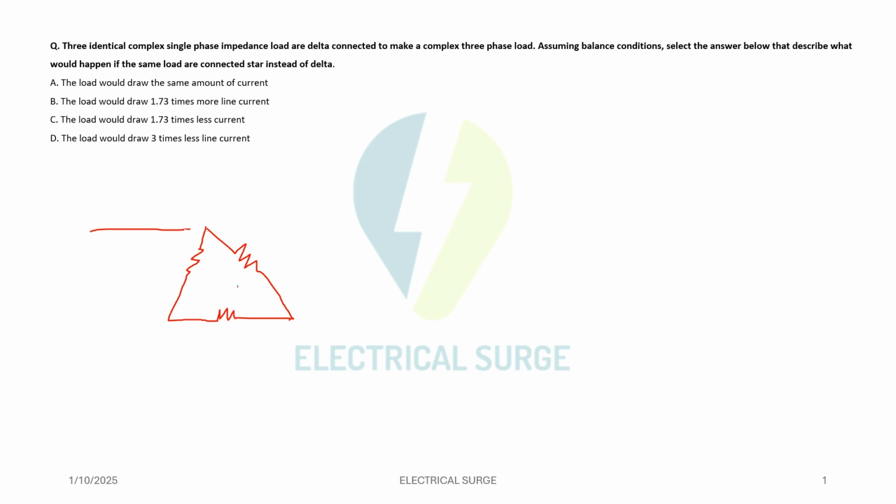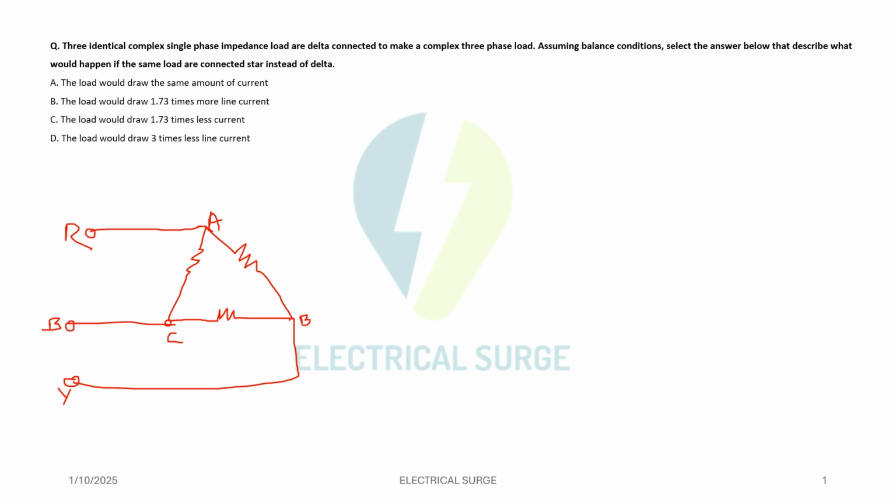Let us assume this is R, this is Y, and this is B, and let us assume that this point is A, this point is B, and this point is C.